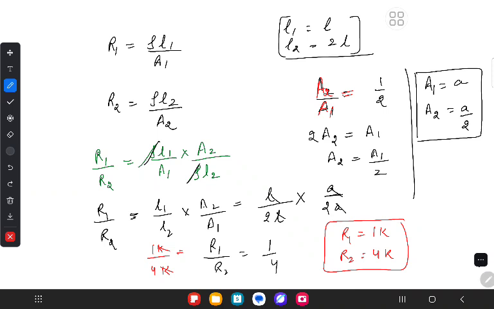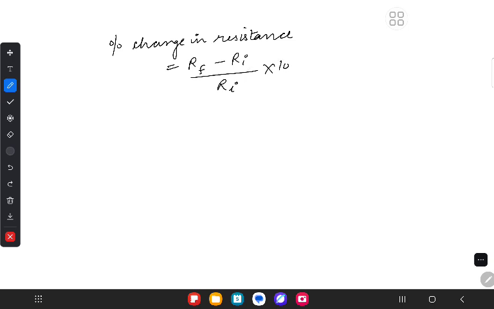अब मुझसे क्या पूछ रहा है, मुझसे पूछ रहा है परसेंटेज चेंज। तो परसेंटेज चेंज इन रेजिस्टेंस क्या होता है? परसेंटेज चेंज इन रेजिस्टेंस इज R final minus R initial by R initial into 100.